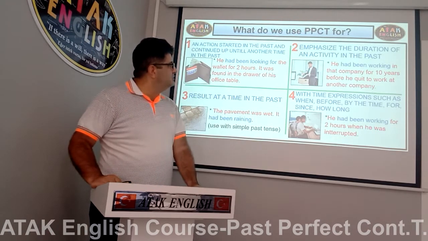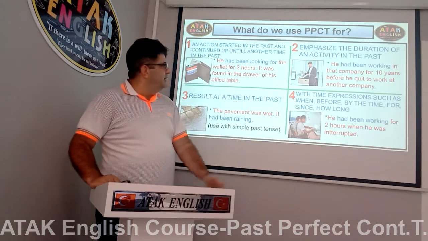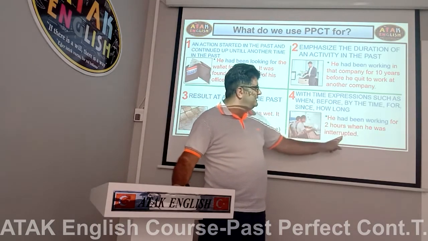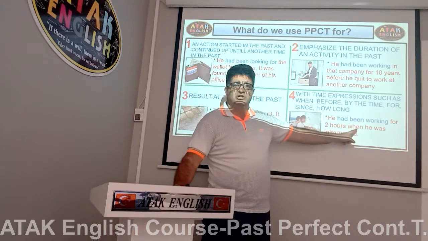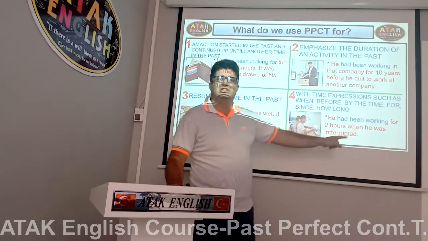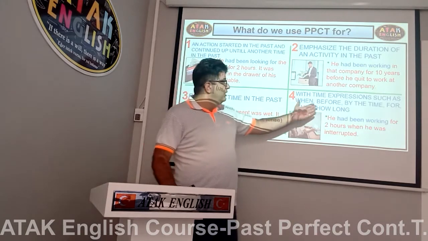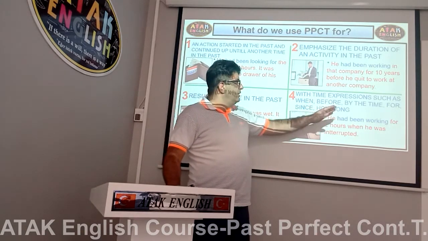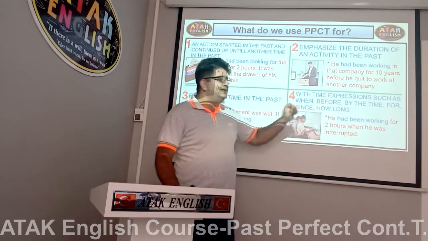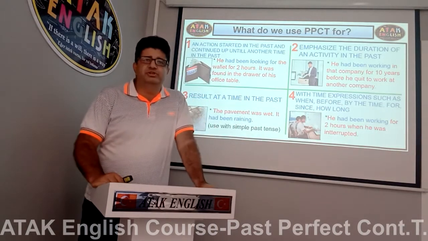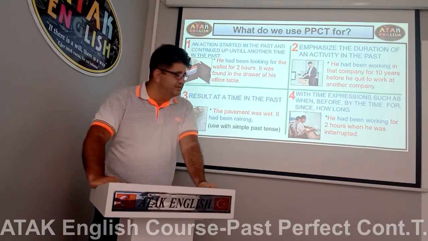Okay, so what's going on here? Here, as you can see, we combine 2 different actions with the conjunction when. We could also use before, by the time, for, since, and how long, depending on the situation or depending on the action or event.